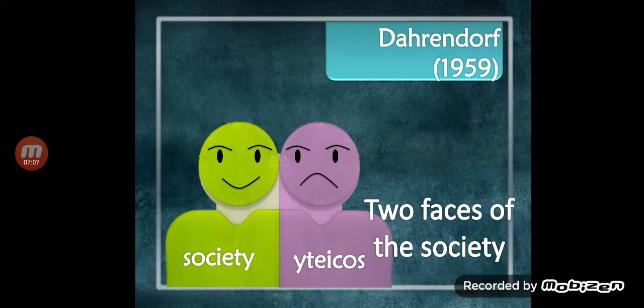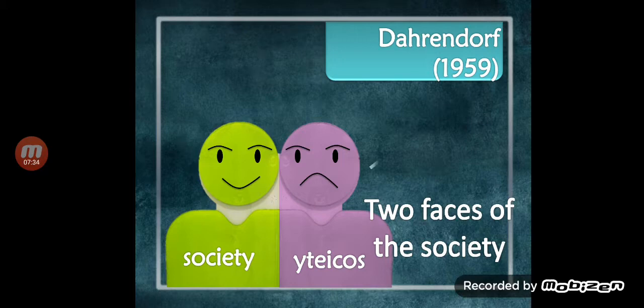So within the society, we cannot avoid having these two phases, the consensus and the conflict. It's just like the two sides of a coin. One side will always complement the other side. We will not have conflict without consensus, and we will not have consensus without conflict.